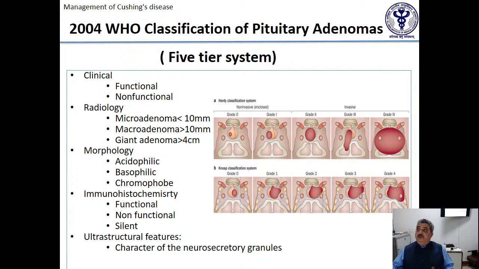But later on in 2004, the classification was based on the 5-tier system, which was more of clinical, radiology, morphology, and immunohistochemistry.